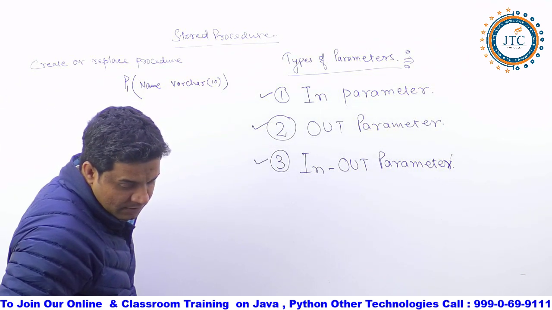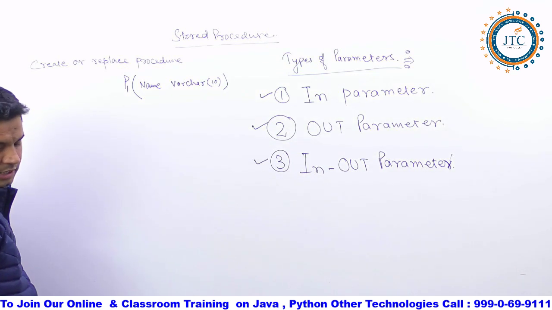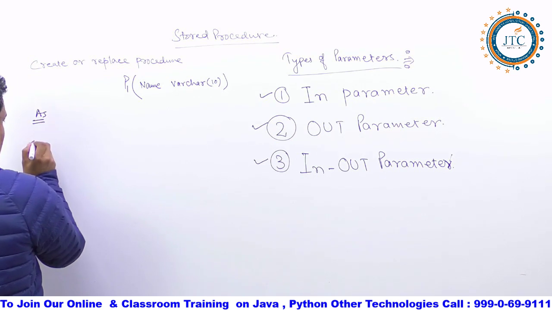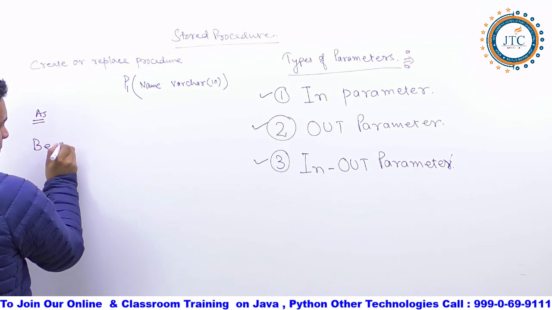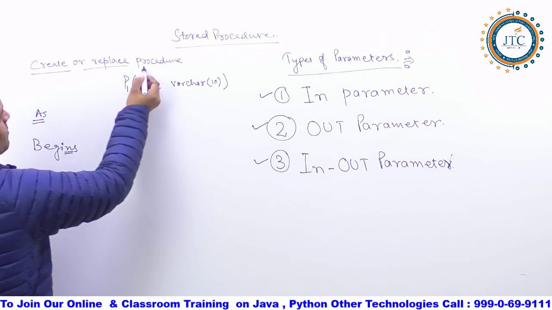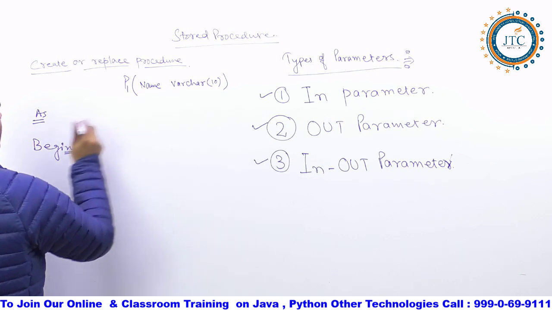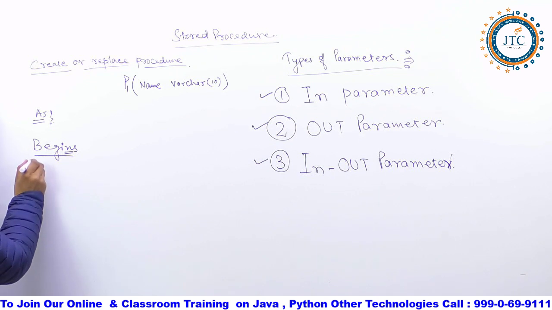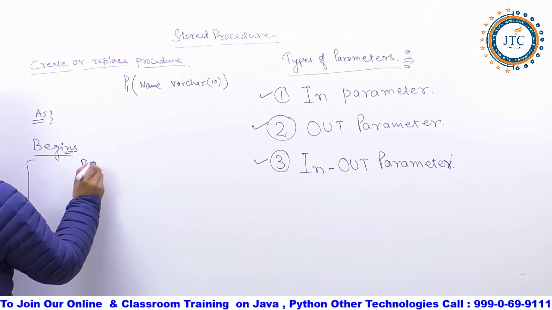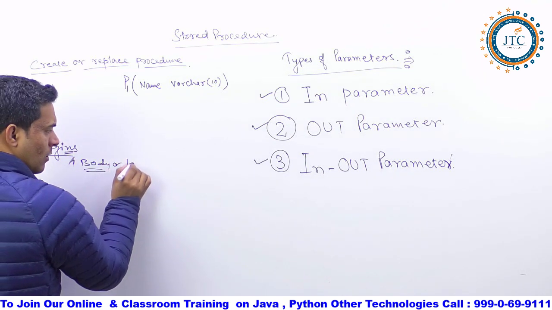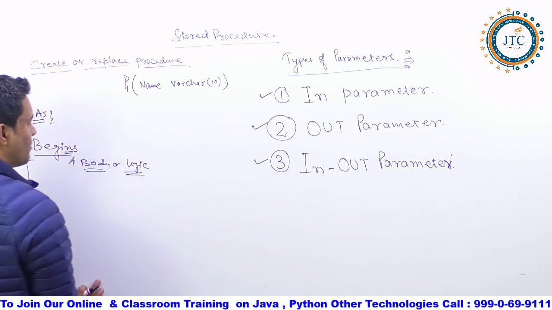After writing all these things, I write AS and next I'll write BEGIN. Hope you are able to see that. So: create or replace procedure P1 AS BEGIN. This is the body of the procedure, the logic you want to implement.